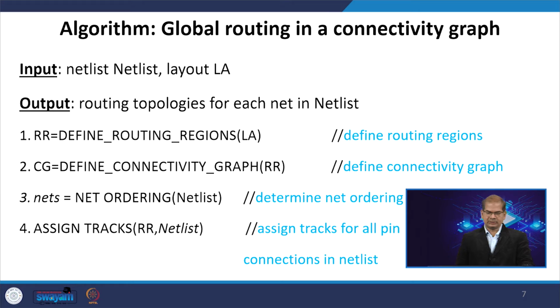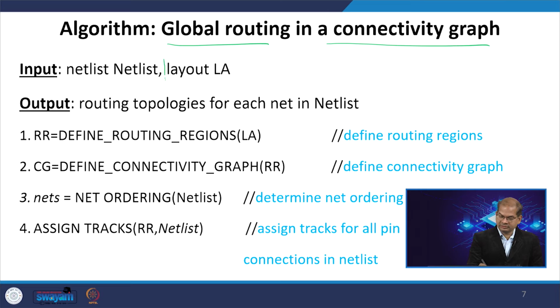Now, we will discuss an algorithm for how we can do global routing in a connectivity graph. In this case, what is given to us as input to the algorithm? We are provided with two things.